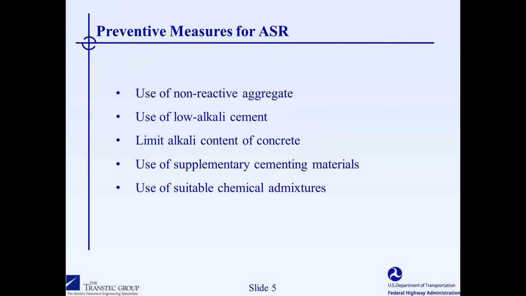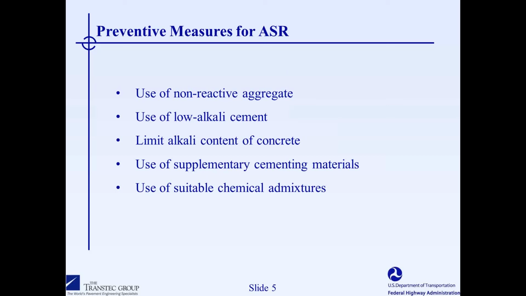If we can limit the alkali content in the concrete by the use of low alkali cement and other means, then that gives us another opportunity to control alkali-silica reaction. The 4th bullet there is to use supplementary cementing materials, which indirectly is also a way of limiting the alkali content of the concrete. As we'll see, SCMs work by basically consuming alkalis before they can attack the aggregates.